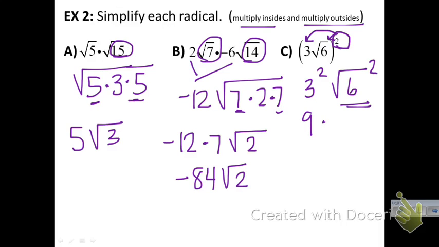First of all, if you square a square root, those are opposite operations, so they will end up canceling each other, and so we end up with just a 6. Or another way to look at it is we have 6 squared, which is two 6s, so it takes 2 to bring 1, in this case, out of that radical. So in the end, we're left with 9 times 6, which is 54.